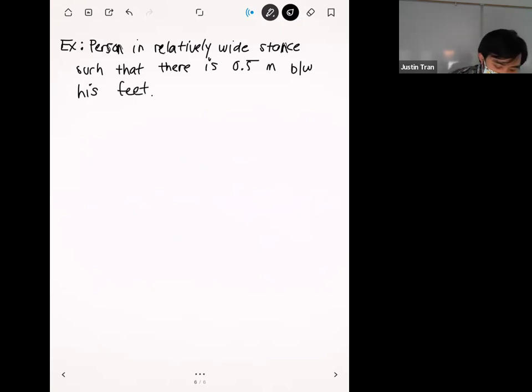All right, and so let's say that he's standing up like this, and the distance between his feet, let's say that this is 0.5 meters.